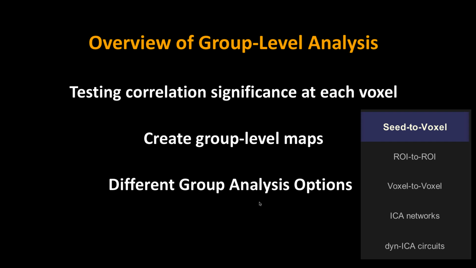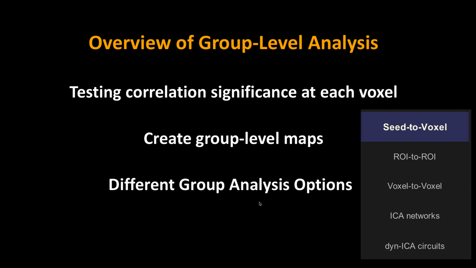This is a relatively new technique. Dynamic ICA is using a sliding time window across the time series to see how the connectivity changes over time, basically. So in other words, if somebody seems to have, say, a greater rate of change in their correlation, that'll be reflected in this dynamic ICA window.